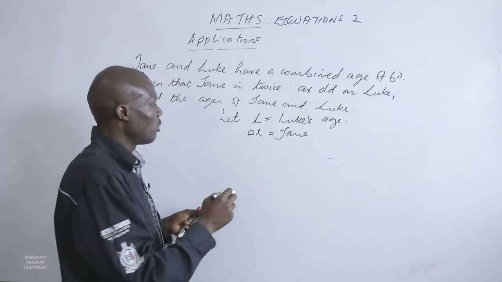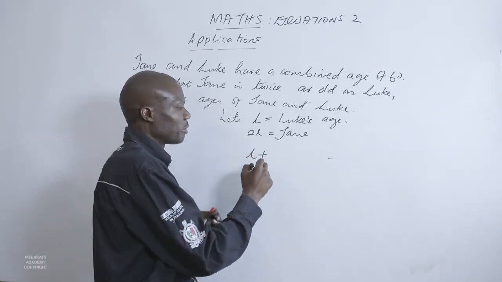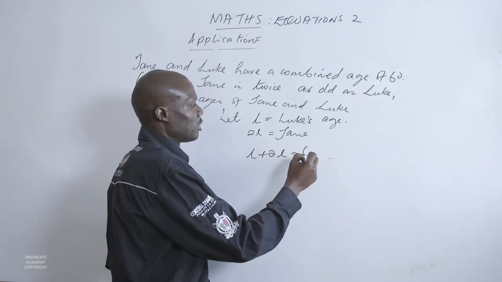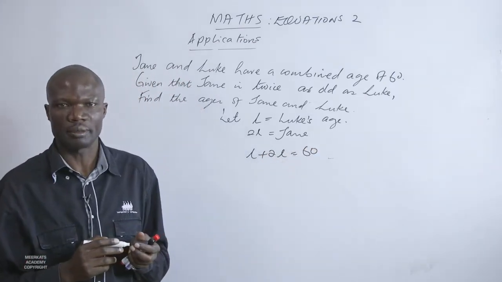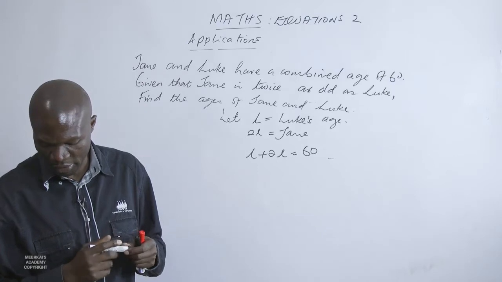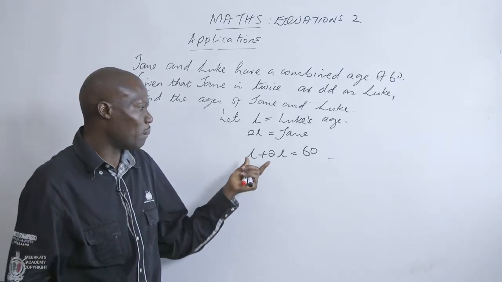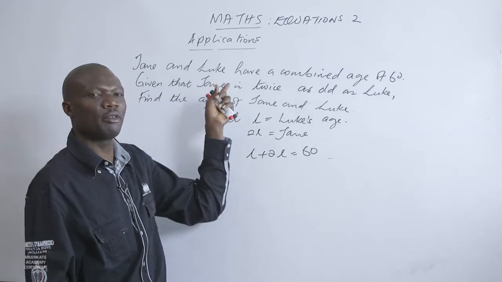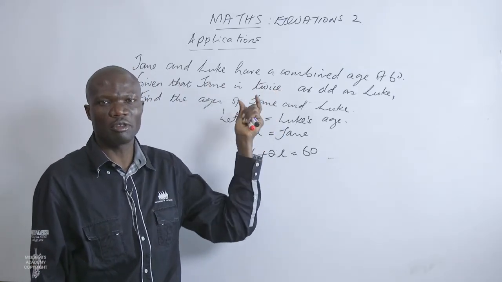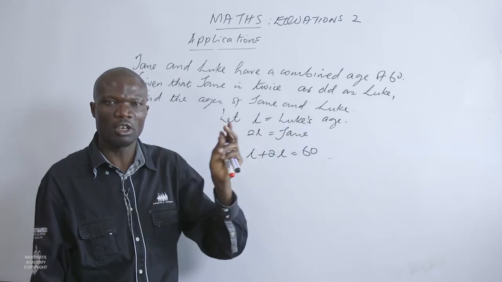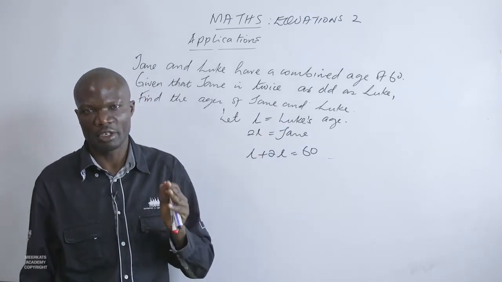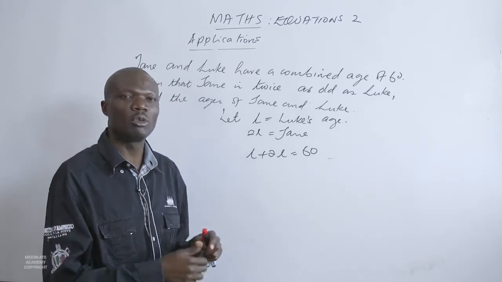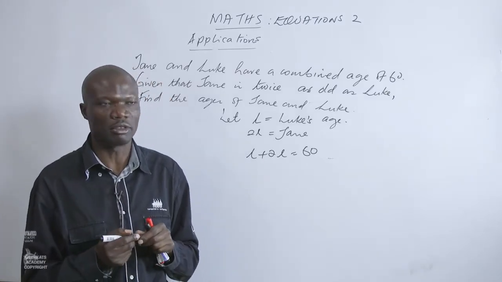Therefore, the age of Luke plus the age of Jane should give us 60. By this equation, we have represented the relationship of the ages of both Jane and Luke. From this, we move ahead and solve.